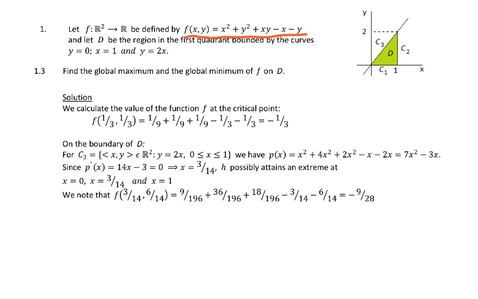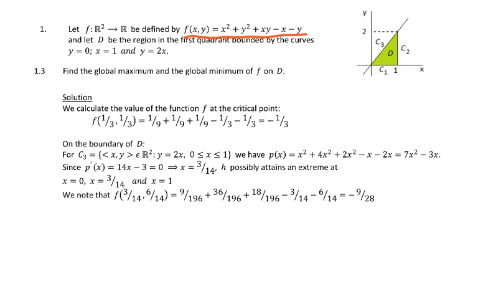Again, from our first year knowledge, p will have extreme values either at the endpoint of the interval or at the critical points. The derivative of p is 14x minus 3, and if that is 0, we get x is 3 over 14. So h possibly attains an extreme at x equals 0, x equals 3 over 14, or at x equals 1.